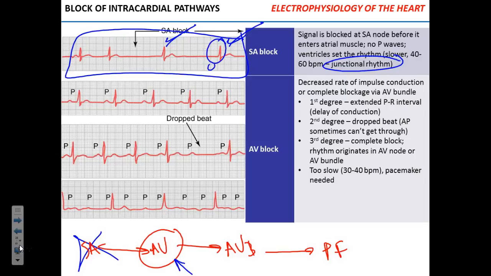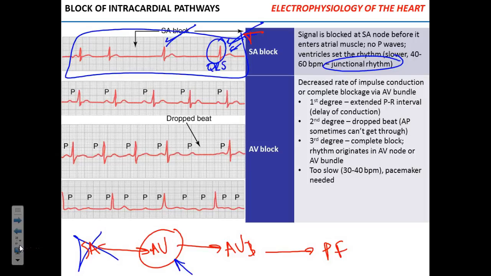So you have QRS, you have T wave, but the P wave is gone, because the P wave is when the electrical impulse is generated at the SA node, correct? And then causes depolarization of the atrium. When the SA node is dysfunctional, there's no P wave, no atrial depolarization. Essentially, atria will not contract. Okay?